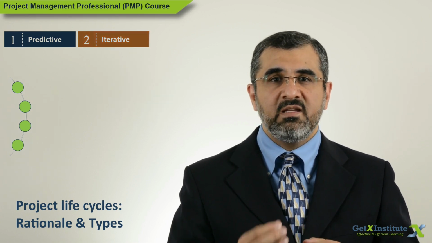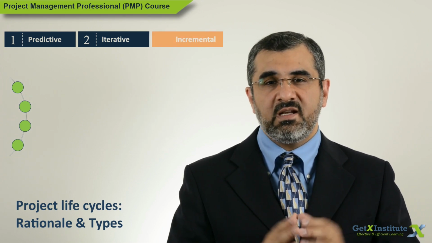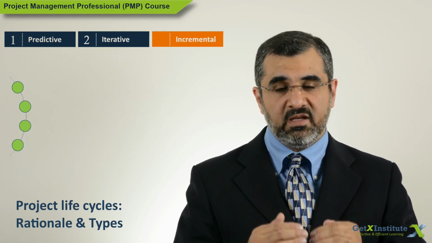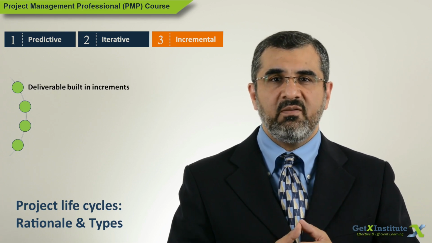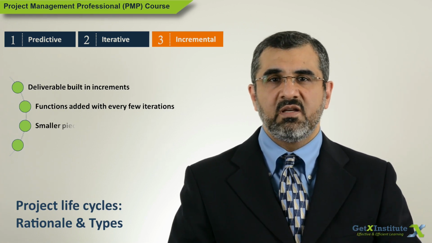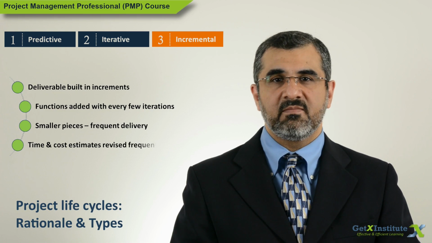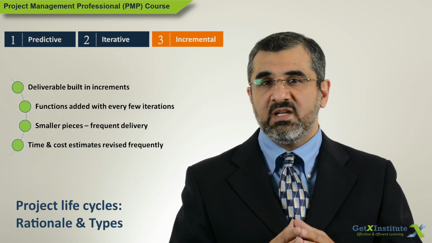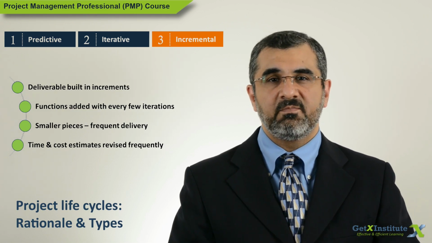Third is incremental life cycle. In this life cycle, the deliverable is built in increments. This is common in software applications development, where with each iteration or after few iterations, more and more functionality is added to the application. In other words, the application is not considered complete until the final iteration.